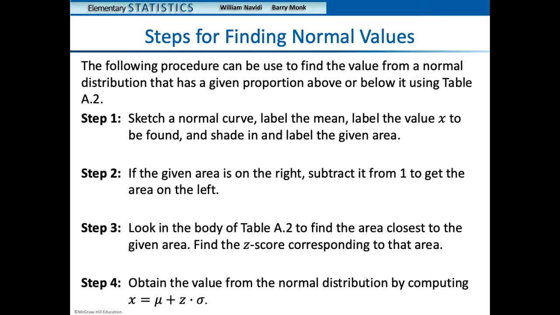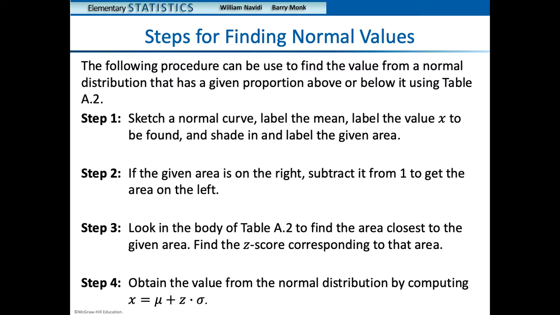And this is simply because the table only gives areas to the left, right? So we need to know the area on the left. Then we can go to table A2, but we'll use it in a slightly different way this time. Previously, we had a z-score, and we used the z-score to find an area.